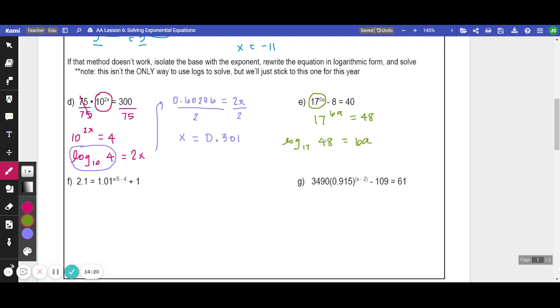So hopefully you remember how to do the change of base formula. This is why we practice that. The change of base formula, we do log of 48 divided by log of the base, so divided by log of 17. And we're going to get an ugly decimal, which is what's supposed to happen. 3.6636.